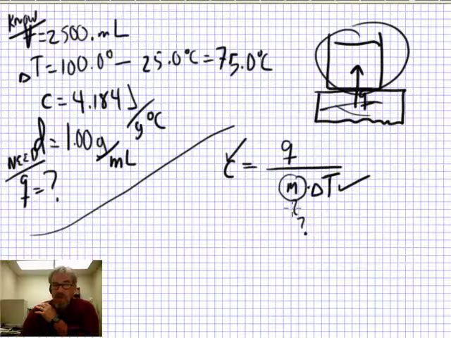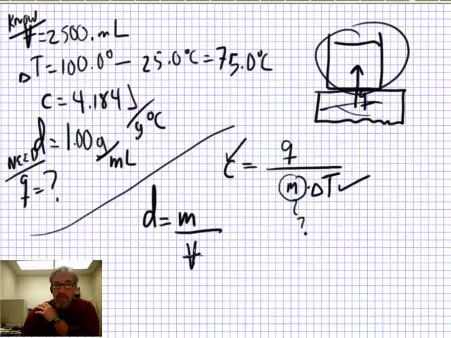I know that density is equal to mass divided by volume. And I know density, and I know the volume. That's given to me. So I have the two things I need to solve for mass. Once I find mass, I can put it in this equation, and that should allow me to find Q.